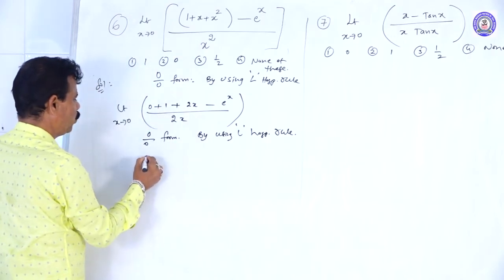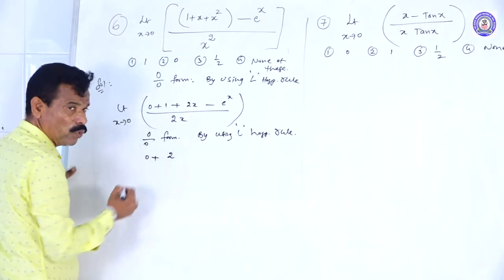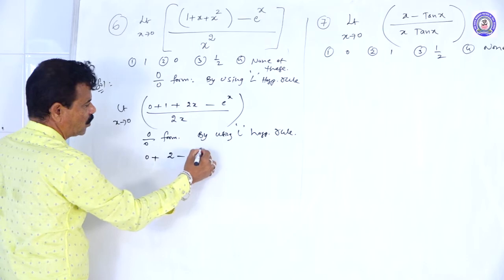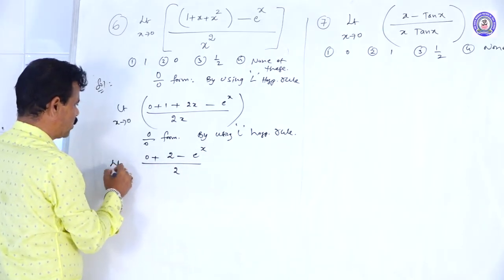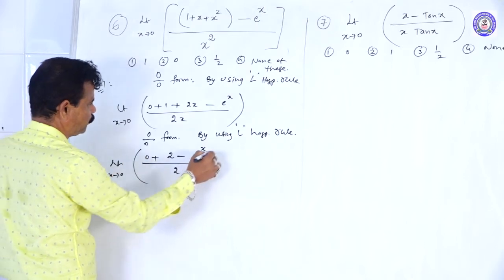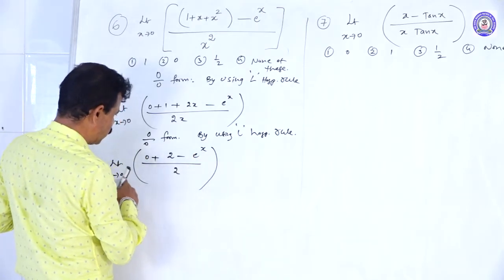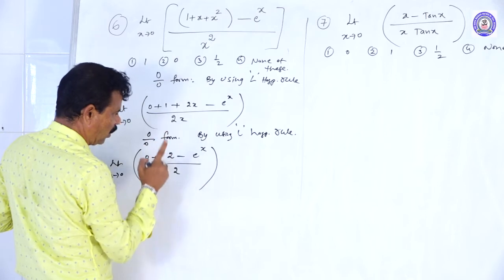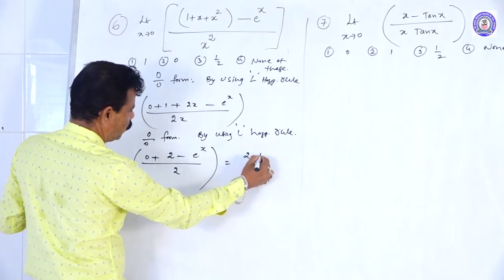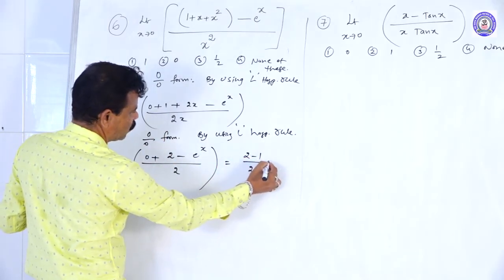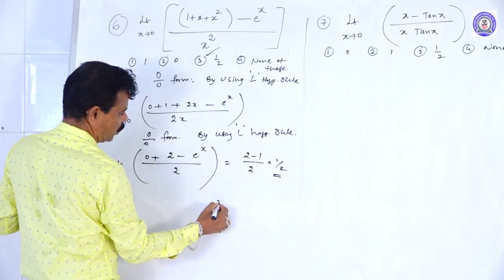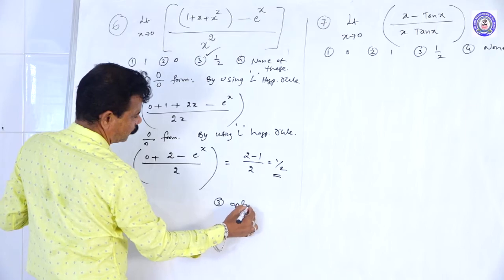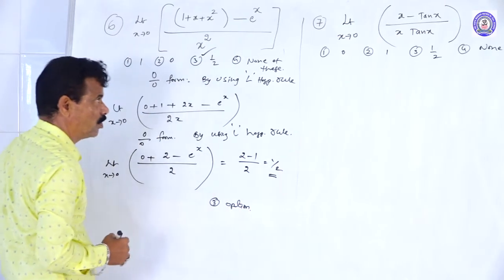So derivative of 1 is 0, 2x derivative is 2, minus e power of x derivative e power of x, 2x derivative 2, where limit x tends to 0. Now x tends to 0, e power of 0 is 1, so it is equal to minus 1 by 2. This is 1 by 2, third option. This is the right answer.